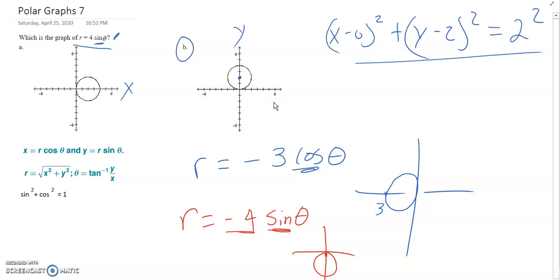So in these forms, sine means a circle centered around the y-axis, cosine means centered around the x-axis, and the number in front is the diameter away from the origin.